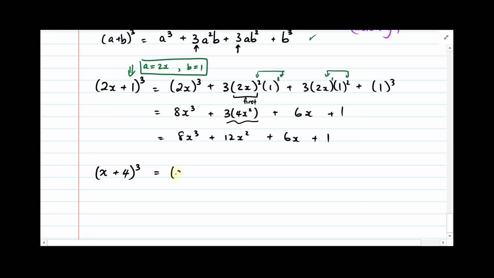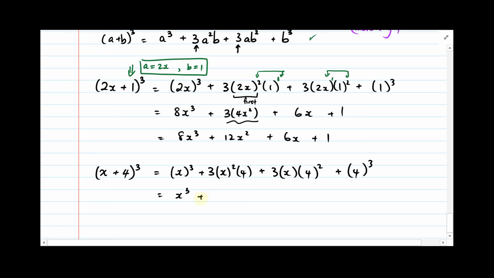First term cubed. So the pattern, my A is x, my B is 4. Use the pattern above. Right, and now let's put in x, 4, x, 4. Work out each part, x cubed.